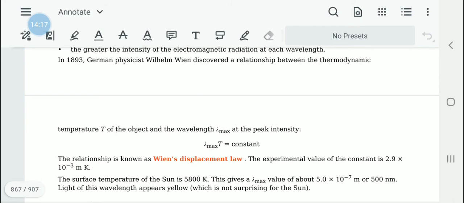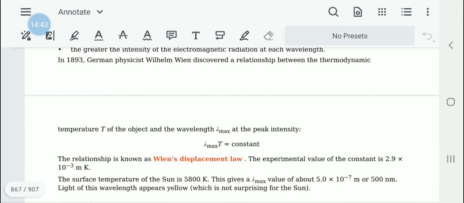In Wien's displacement law, a relationship between the thermodynamic temperature T of the object and the wavelength lambda max at peak intensity is discovered.